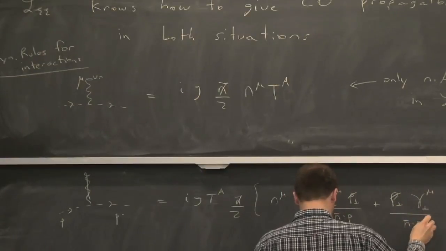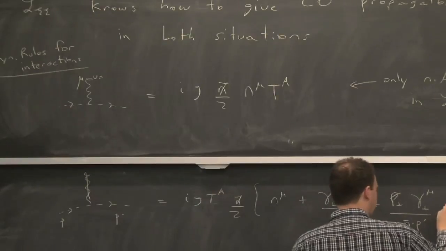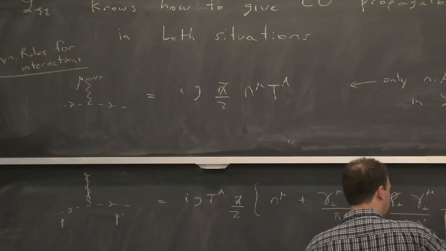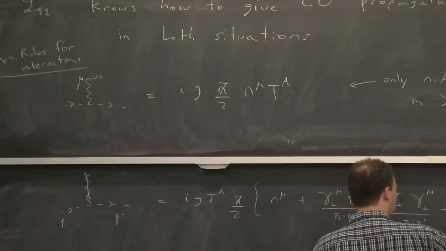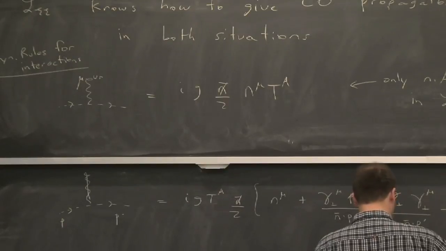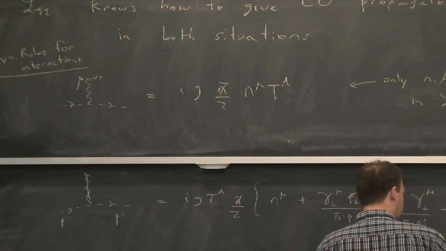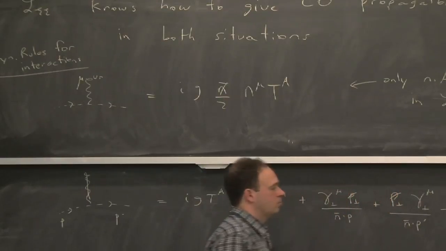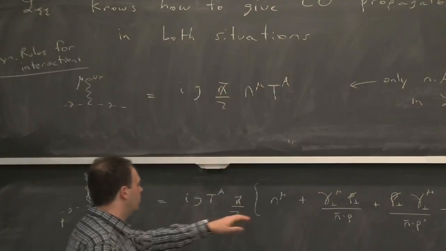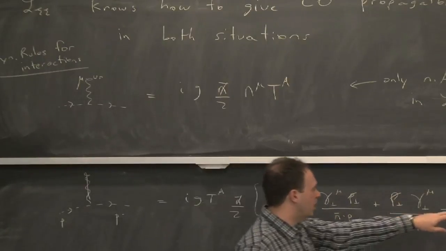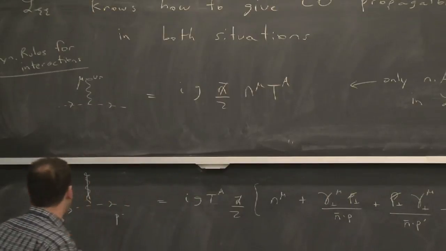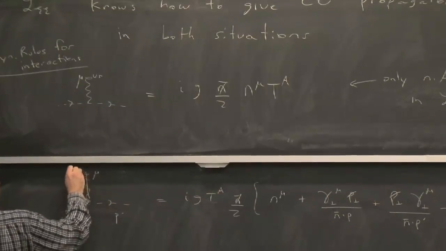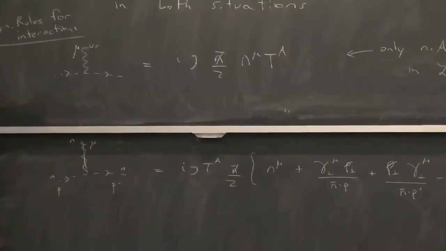But our Feynman rule is a little more complicated because of the way we set things up. In some ways, what's happened is that we've made the propagator simpler for the collinear fields at the expense of complicating the interaction. Okay, so we couple to all components, the perp component, the n component, and the n bar component, if this is a collinear field. So those are all collinear fields.